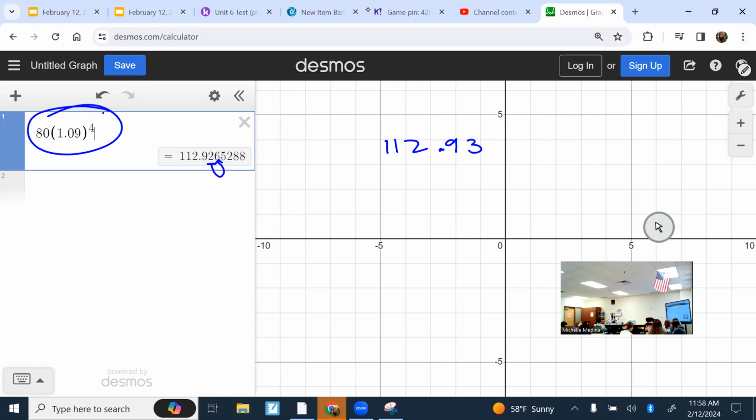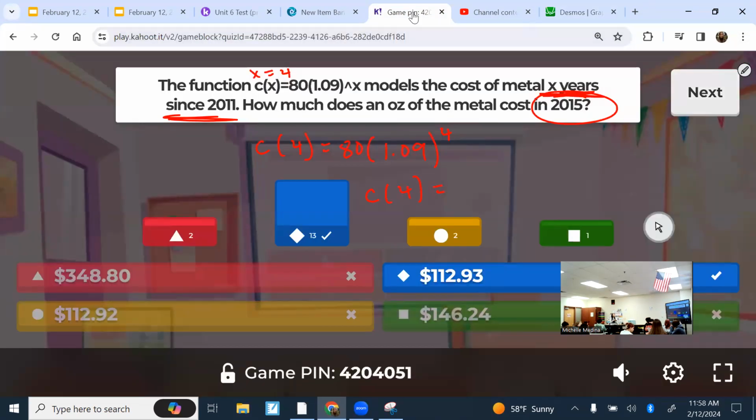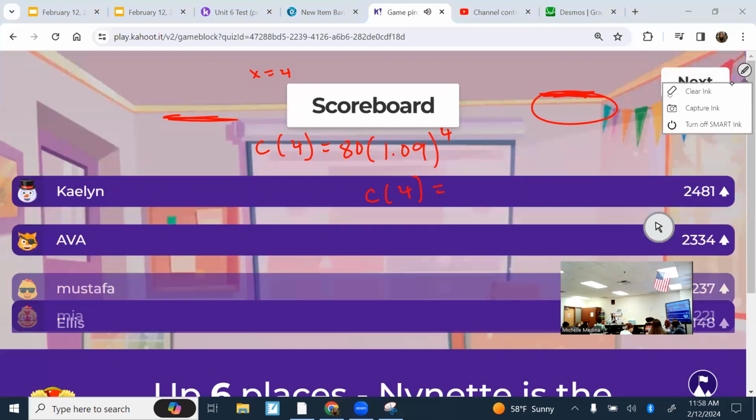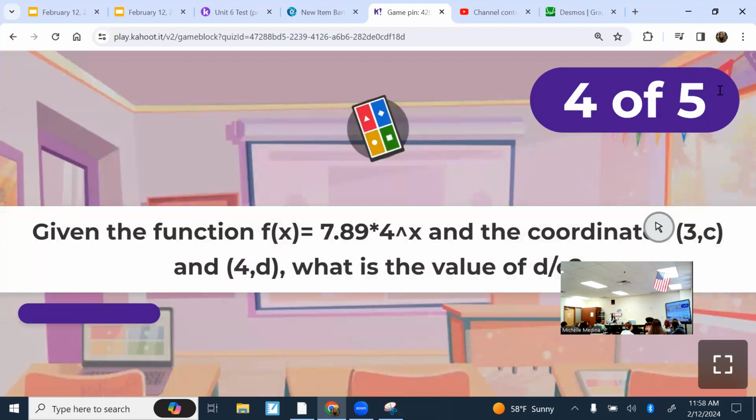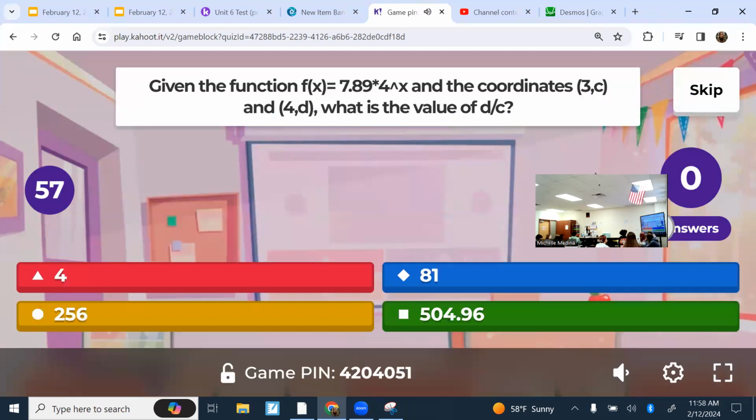All right, next one. So given this function, a new function this time, and the coordinates 3c and 4d, what's the value of d over c?